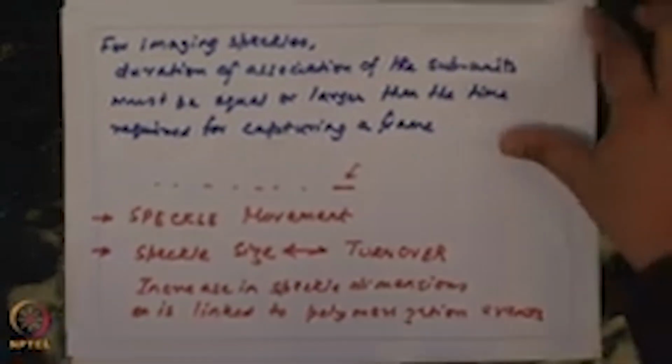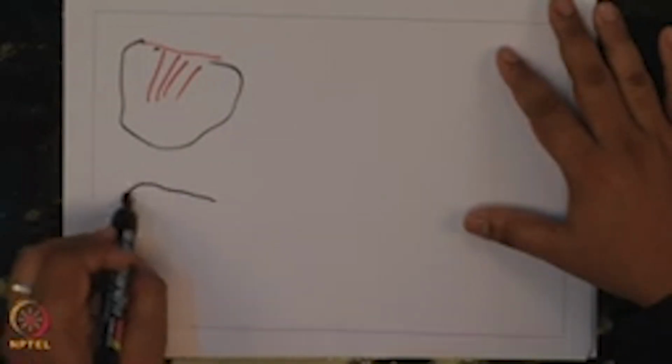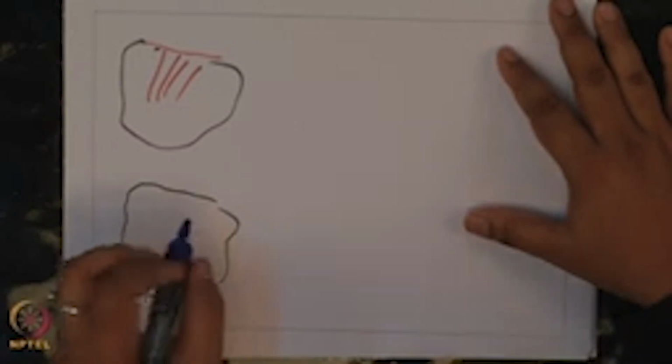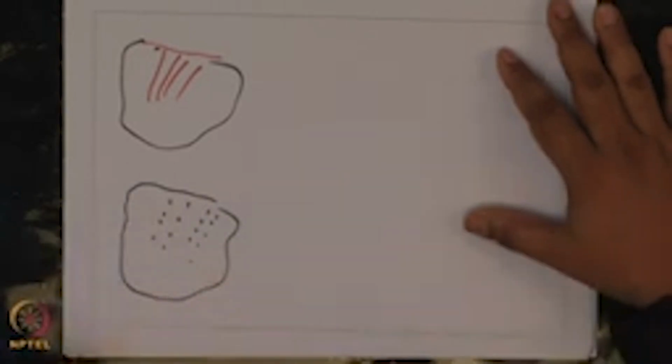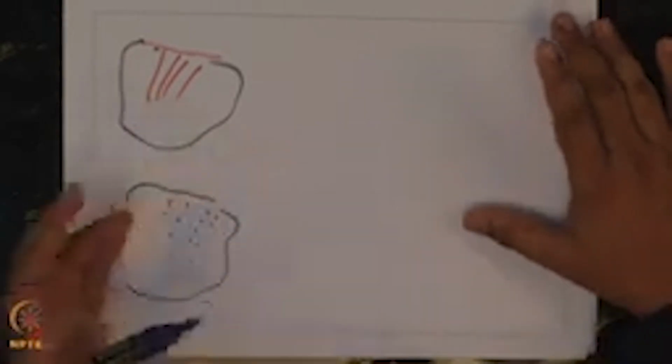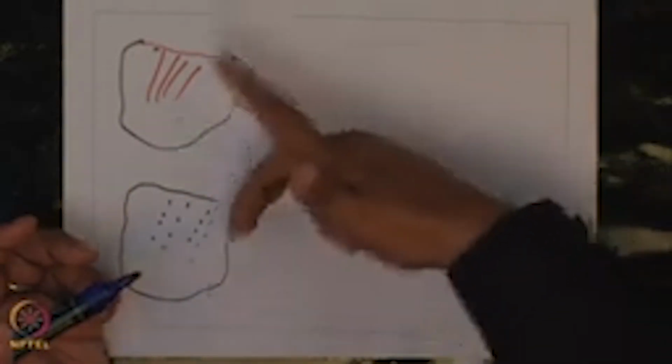So, if we take a cell which is stained, imagine this is one stress fiber network. This is a portion of a cell where you see stress fibers. If the same cell were imaged in speckle microscopy, though you will not see the entire structure, you can gauge the orientation of these filaments from the speckle microscopy.